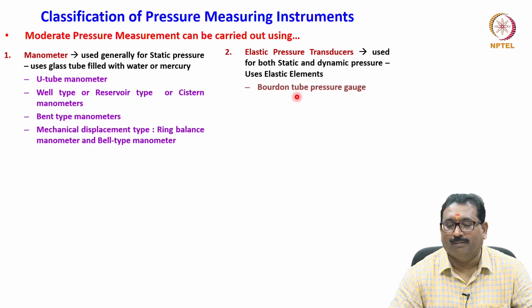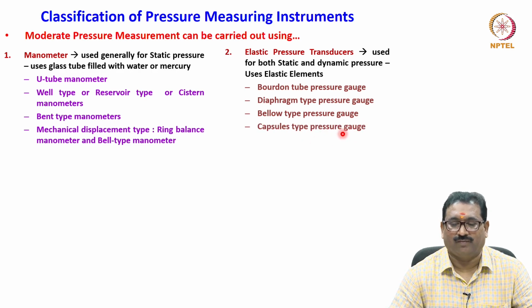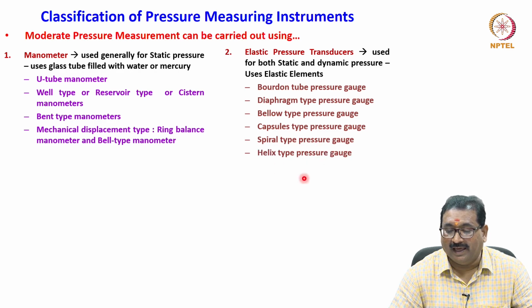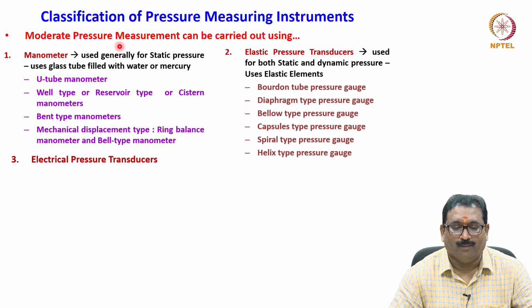Based on this, there are the Bourdon tube pressure gauge, diaphragm type pressure gauge, bellow type pressure gauge, capsule type pressure gauge, spiral type pressure gauge and helix type pressure gauge. There are various categories in the elastic pressure transducers for moderate pressure measurement.